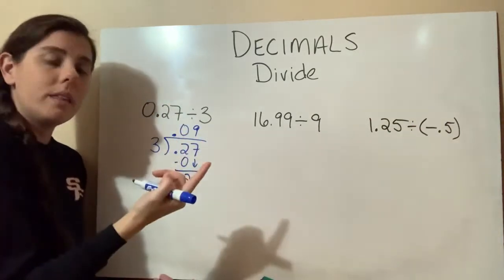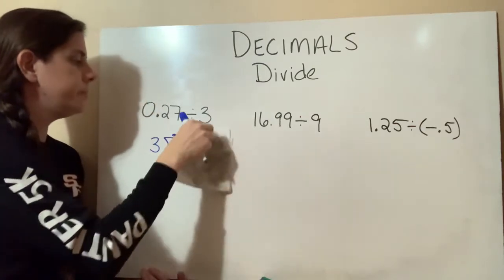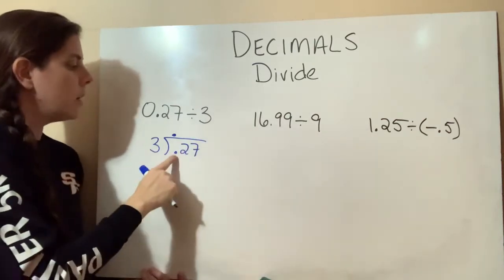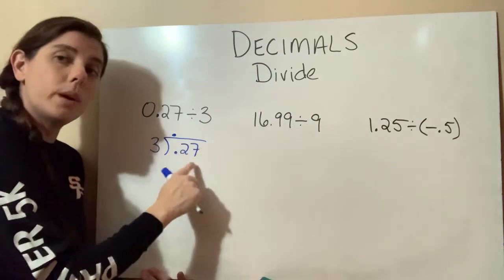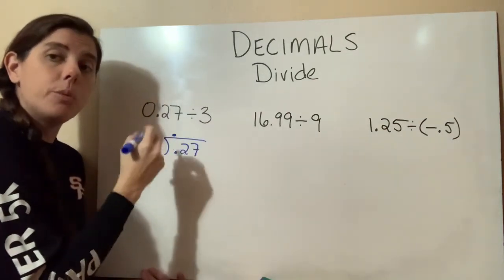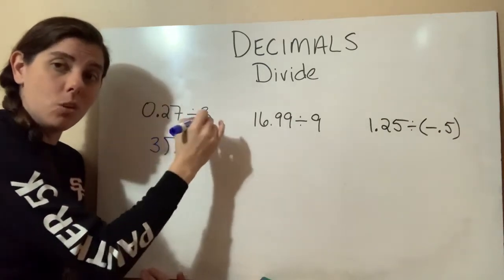The other way that you can do this, if I were to just erase this real quick, we know we lined up our decimal and we know that we're going into the whole 27. So if you're going into the whole 27, you put your quotient over the last number that you went into.